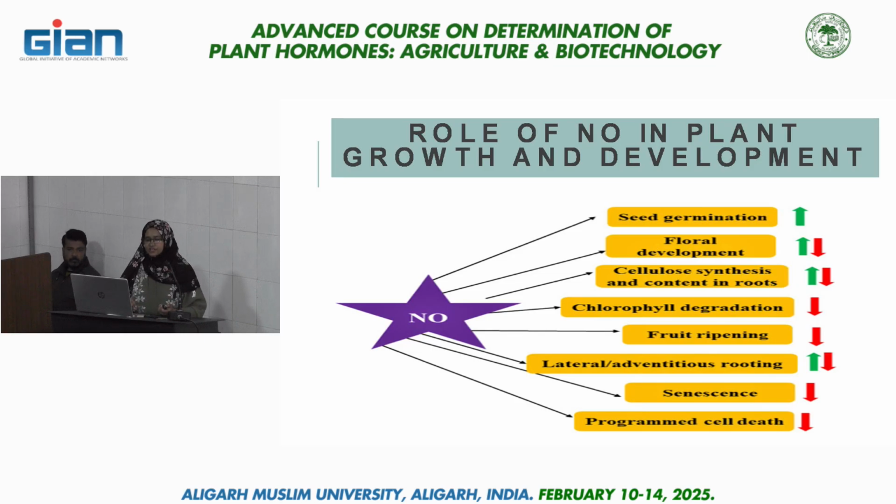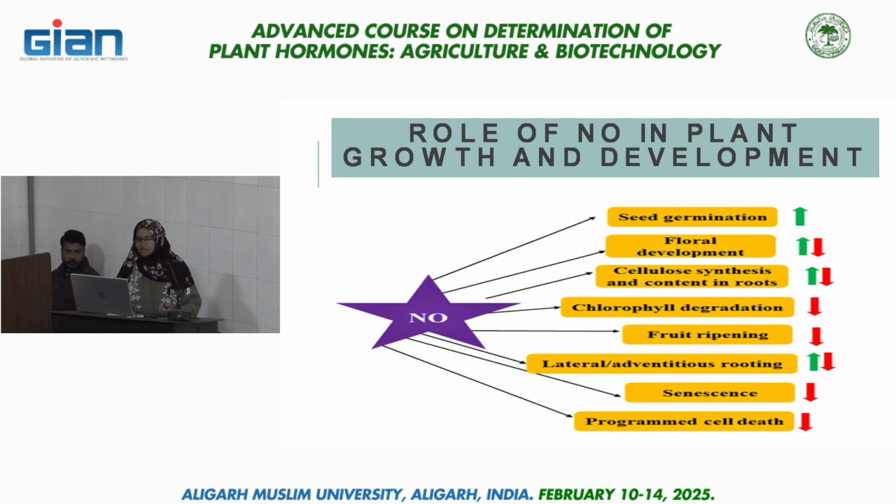NO promotes seed germination by breaking seed dormancy and enhancing reactive oxygen species signaling. The signaling involved in the regulation by NO also involves crosstalk of ABA and gibberellic acid, which we will discuss in the next slide. It also promotes root development.